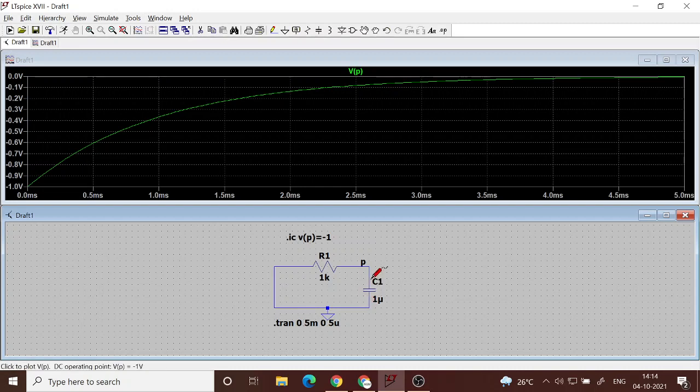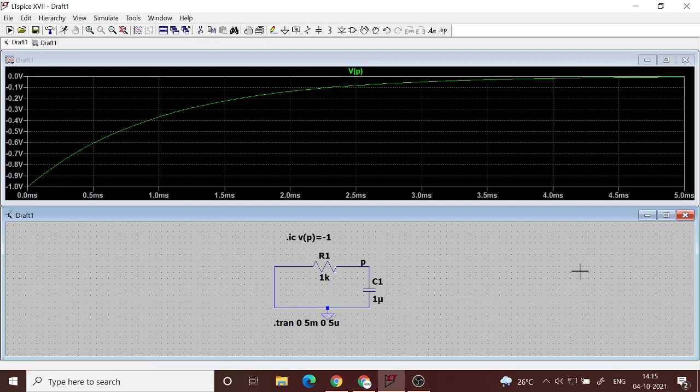Whatever charge was stored in the capacitor will be discharged. If it is a positive charge, it will reduce and go to 0. If it is a negative charge, it will increase until it becomes 0. So finally there will be no charge stored on the capacitor, and that is the steady state. That means when time goes to infinity, the voltage on the capacitor will become 0, because the charge will not be there.